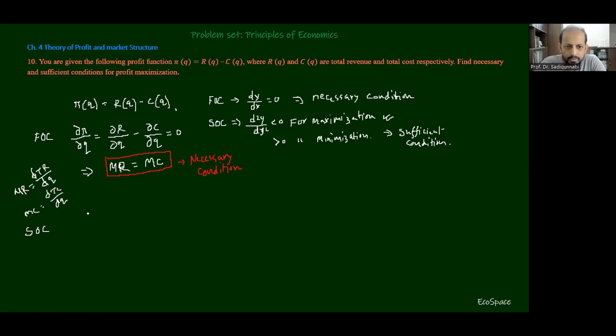Then we can say that del squared pi divided by del Q squared equals del squared R divided by del Q squared minus del squared C divided by del Q squared, which should be less than 0.